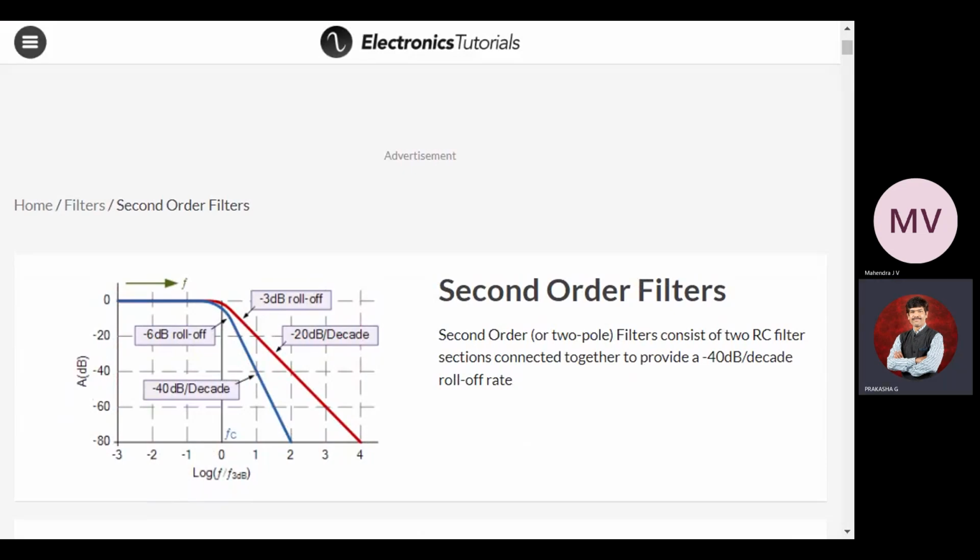So V0 is equal to AF into Vi. But since we have connected the RC component before giving the input to the op-amp, Vi is going to be changed to V1.